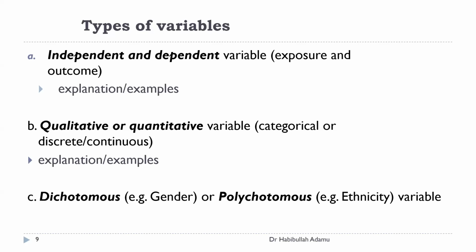So when you say categorical variable, you say qualitative variable, they are more or less referring to similar things. It's just that some quantitative variables can be categorized. Maybe age. Age is a continuous variable even, but you can categorize age into less than 20, 20 to 25, and so on and so forth, so that you have it in groups.